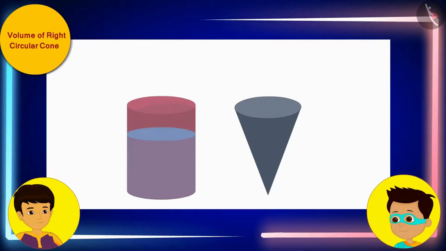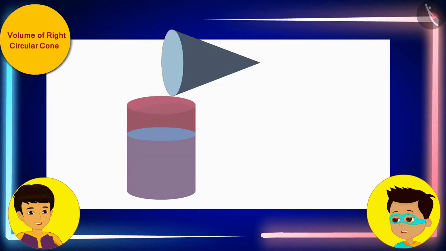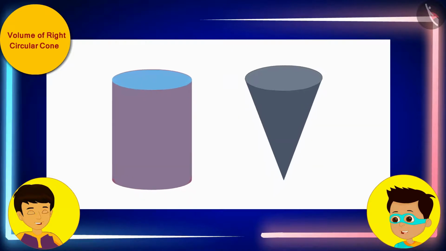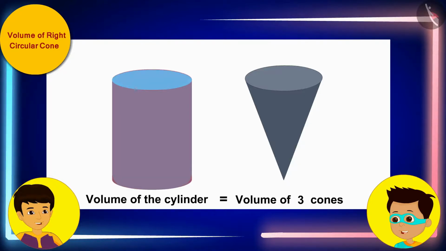Now, we will fill the cone with water for the third time and pour it into the cylinder. Hey, look! The cylinder is completely filled with water. Yes, Thomas. So we can conclude that the volume of 3 cones is equal to the volume of a cylinder.